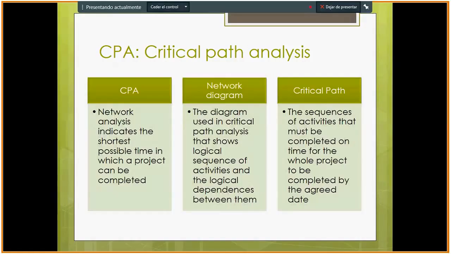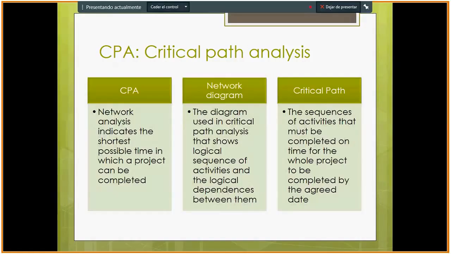Okay. CPA or critical path analysis. CPA is network analysis that indicates the shortest possible time in which a project can be completed. Network diagram is used in critical path analysis and shows the logical sequence of activities and the logical dependence between them.